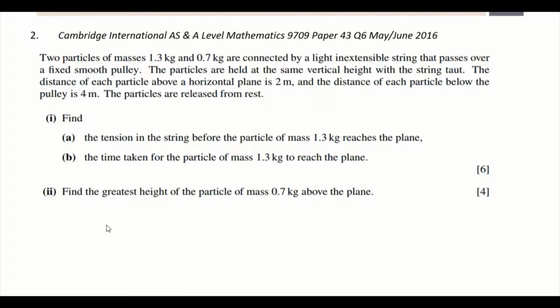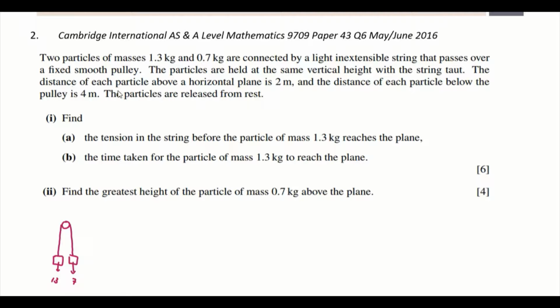So maybe let's try to draw it out. We have this smooth pulley. Then this is our first particle, which is 1.3, so which is 13 weight. Then the second particle over here, which is 7 Newton. The particles are held at the same vertical height, so which means they are at the same vertical height.